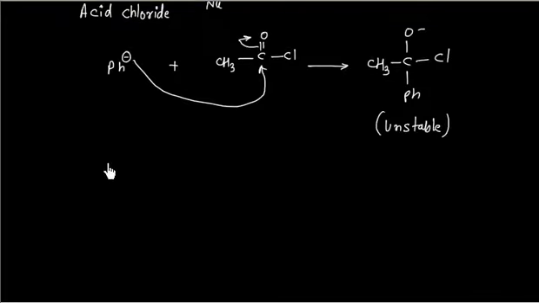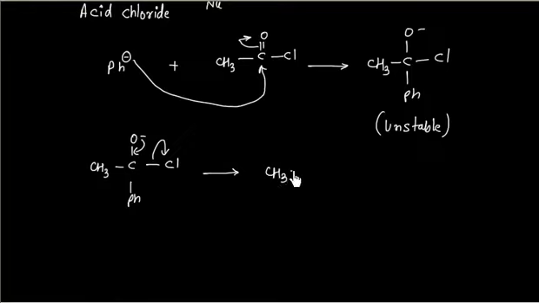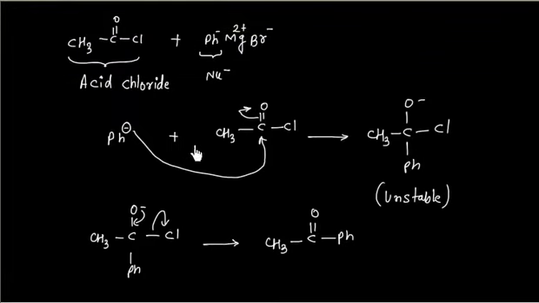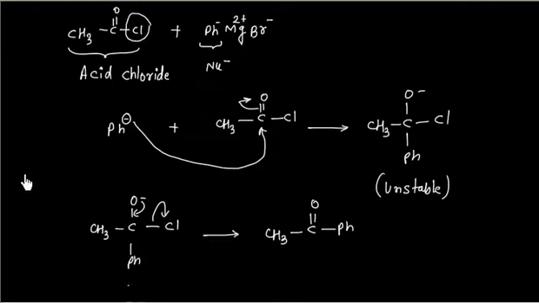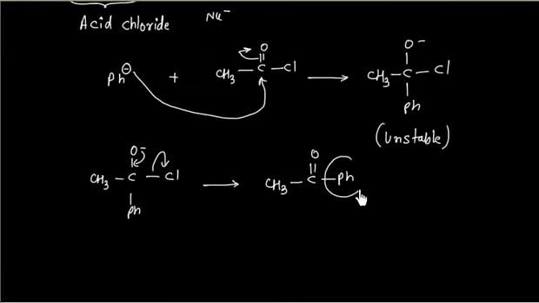So in the next step, the negative charge on oxygen pushes this Cl minus, so this comes here, this goes here, so we will have CH3 C double bond O Ph. If you see, this reaction is nothing but nucleophilic substitution. We have removed one Cl and replaced it with Ph. So up to this step, this is your nucleophilic substitution.